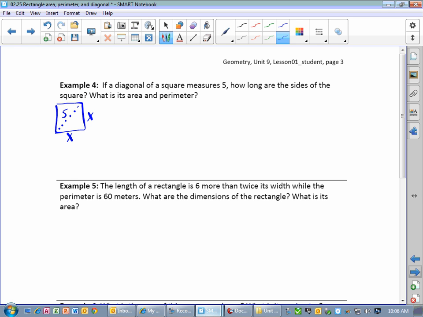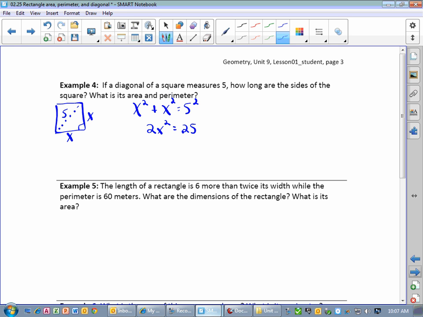So the Pythagorean theorem says that x squared plus x squared needs to equal 5 squared, because we have a right triangle, so we can use the Pythagorean theorem. Which means we have 2x squared equals 25.